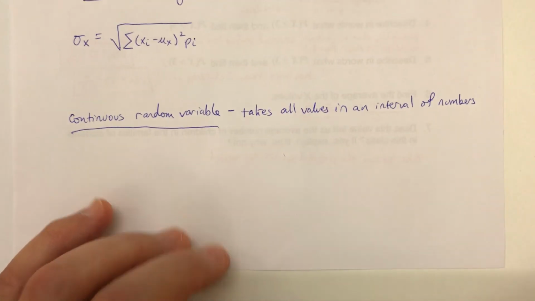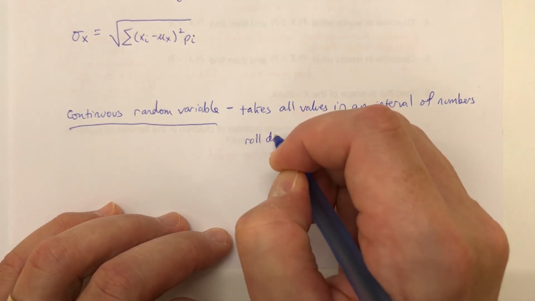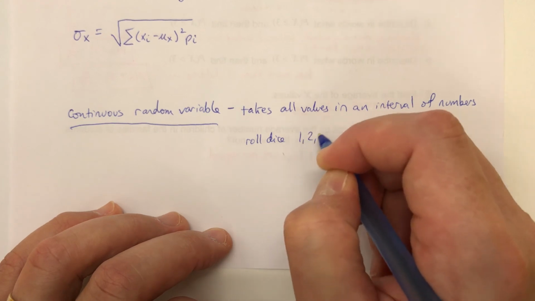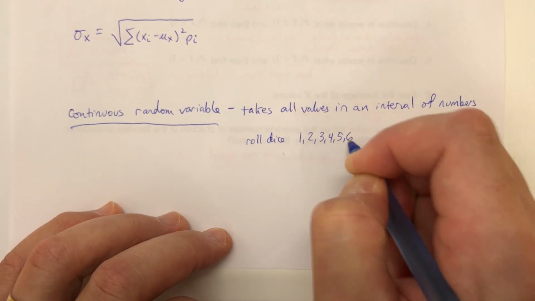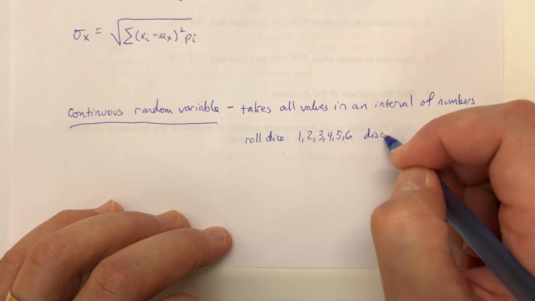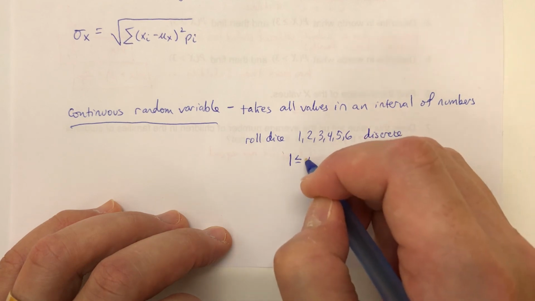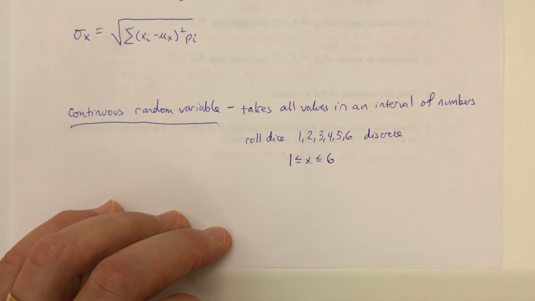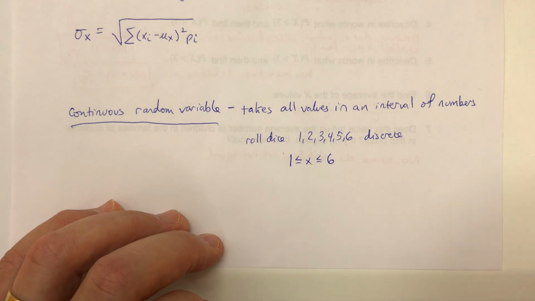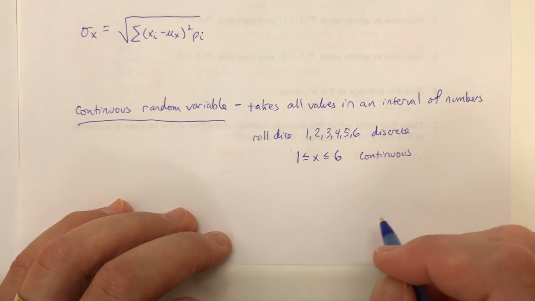And one of the examples that we talked about is if you roll a die, well, we can get 1, 2, 3, 4, 5, 6. But you can't get a 1.1. So that would be discrete. But if we had a different thing that we were measuring, and any value between 1 and 6 was possible, now we're talking continuous for that.